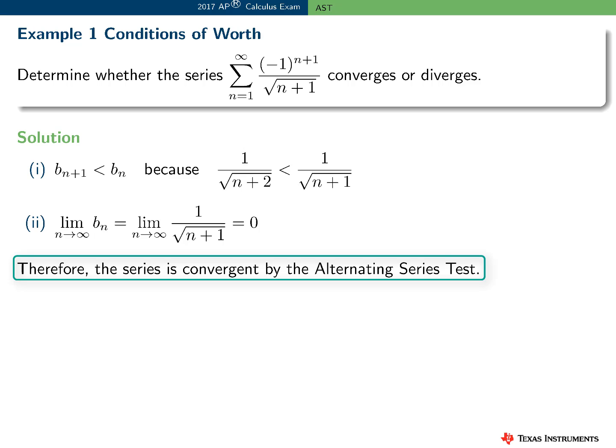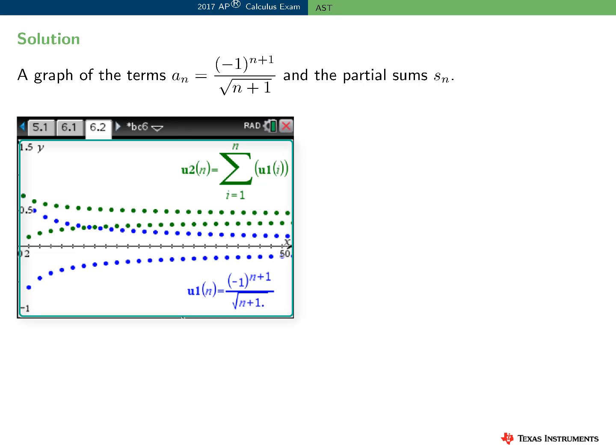Therefore, by the AST, the original series is convergent. Here's a graph to help with this conclusion. This shows a plot of the terms of the series in blue and the partial sums of the series in green. I think this graph shows how both the even and the odd partial sums converge to some number s.